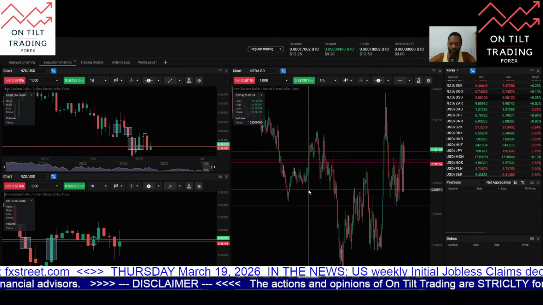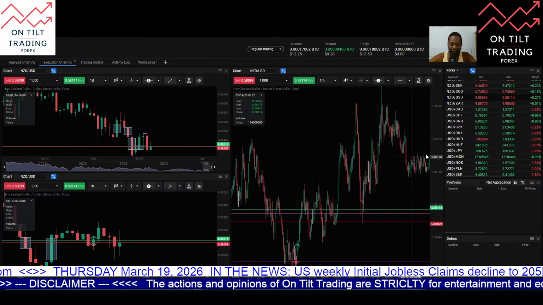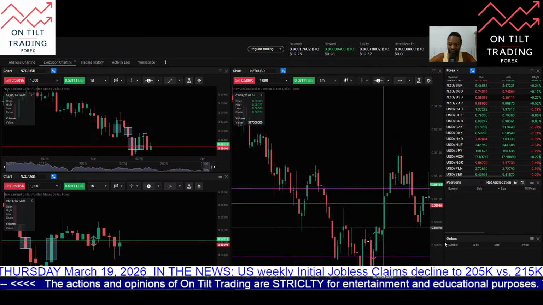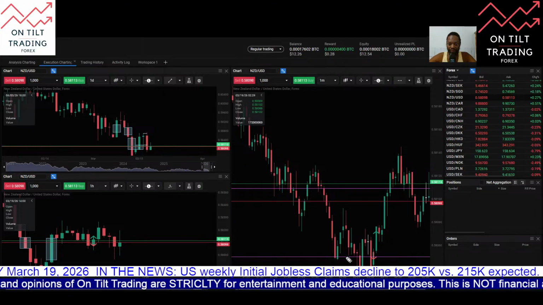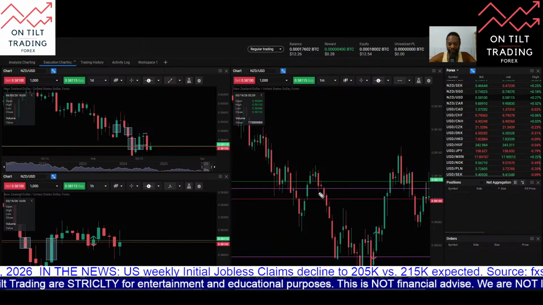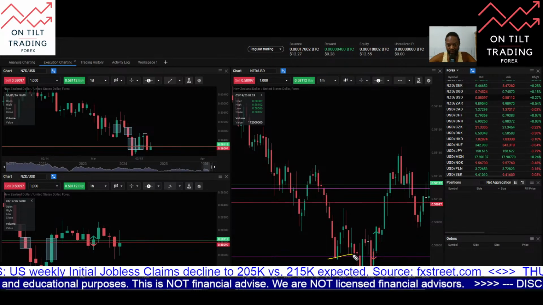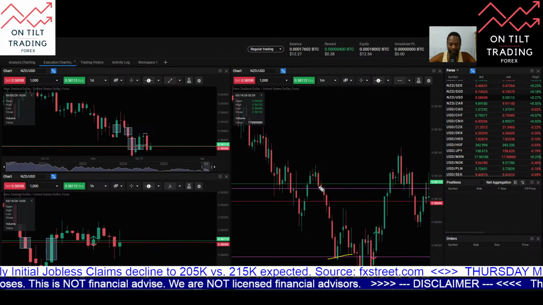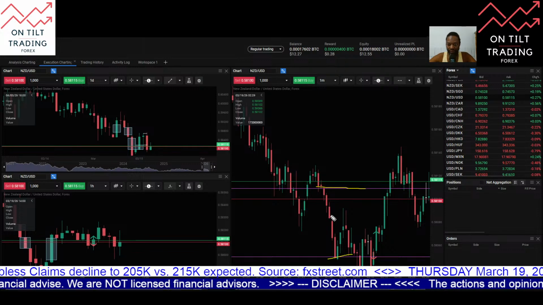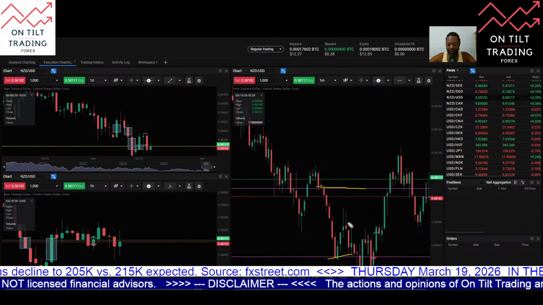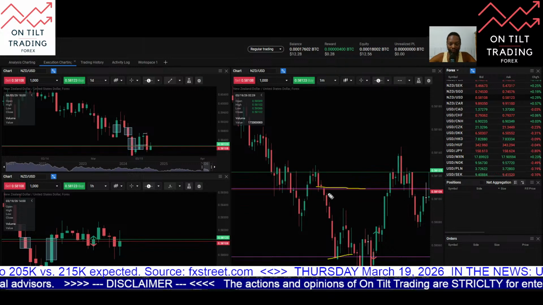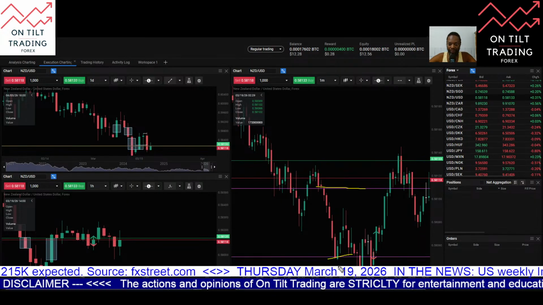I took a trade in London on this pair and lost. You can see here price, this was, I believe, something like this. It was very close to where the opening range for London is.